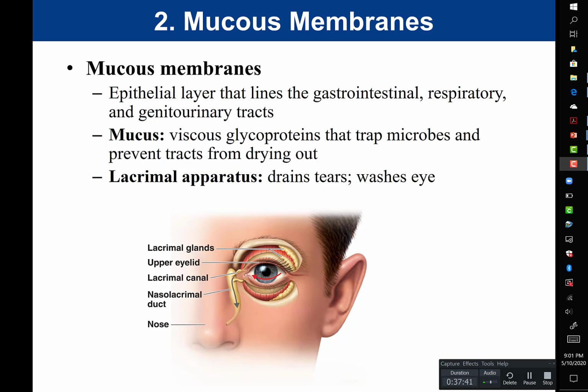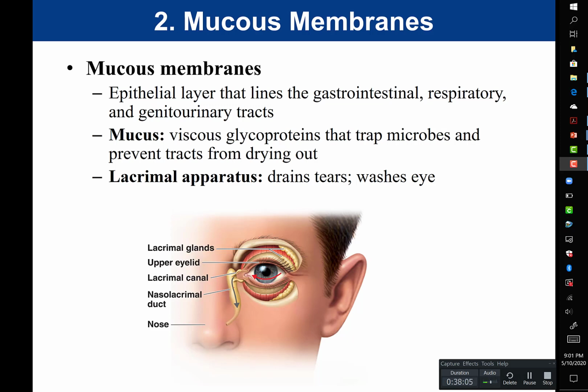They're in the upper outermost portion of the eye. They produce tears and they pass them under the upper eyelid. So tears come out. And when you blink, it pushes the tears towards the inner corner of the eye into two small holes that lead through what's called the lacrimal canal and to the nose.